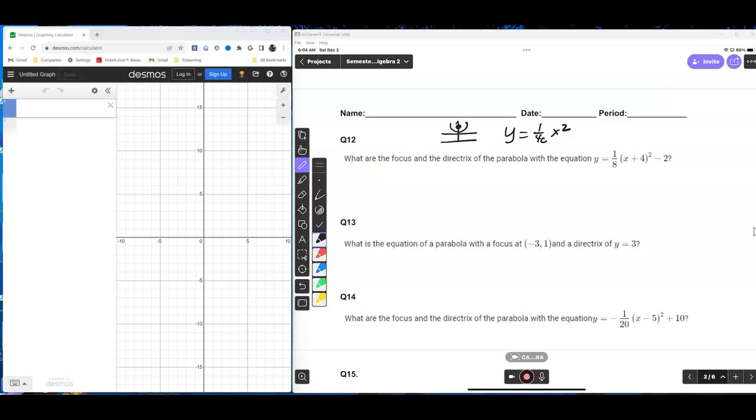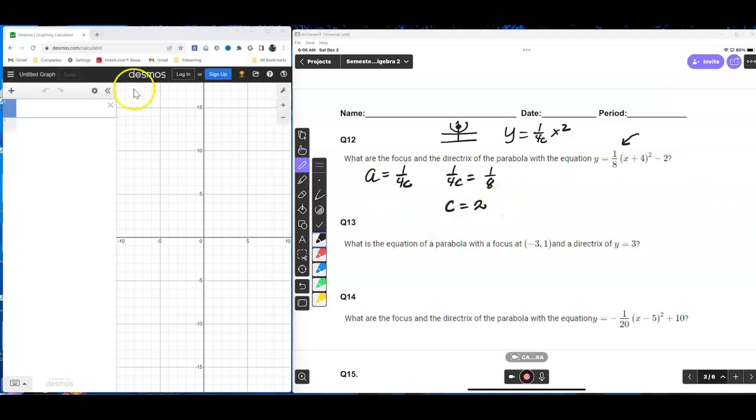Okay, so what I'm going to do is I'm going to try to find the focus and the center. So this right here is your a value. So a equals 1 over 4c. So 1 over 4c equals 1 over 8. So you notice that c has to be 2.